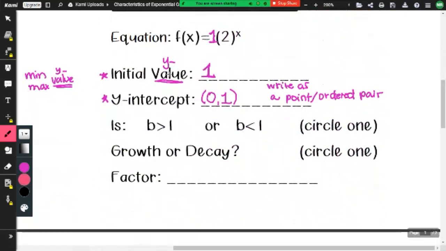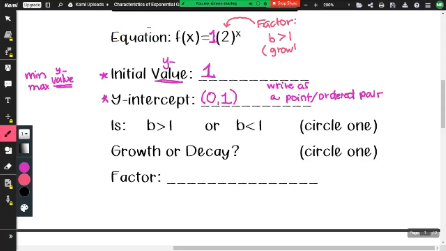Got it? All right. So moving on into the factor. What is the factor of that equation? Where do I find it? It's the number 2. Your factor will always be the number inside of the parentheses. And if that number is greater than 1, b is greater than 1, we're going to see exponential what? Growth or decay?